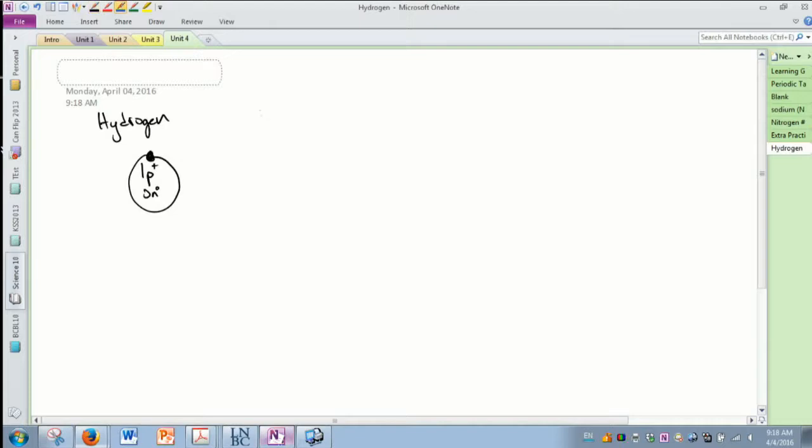And then we have fluorine. Fluorine is element number 9. Leave some space here. So it has 9 protons. It has a mass of 19, so it has 10 neutrons. Hopefully you're okay with me coming up with those.